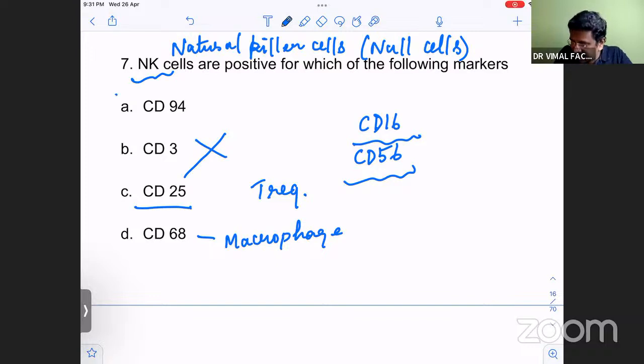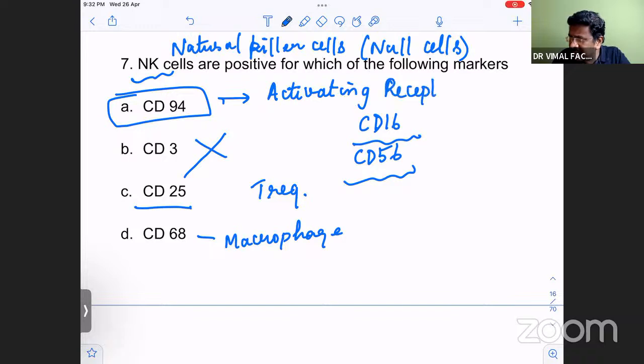And the correct answer here is CD94. CD94 is a marker for the NK cell activating receptor. What is the role of NK cells? NK cells, natural killer cells, play a major role in killing virus infected cells and tumor cells.